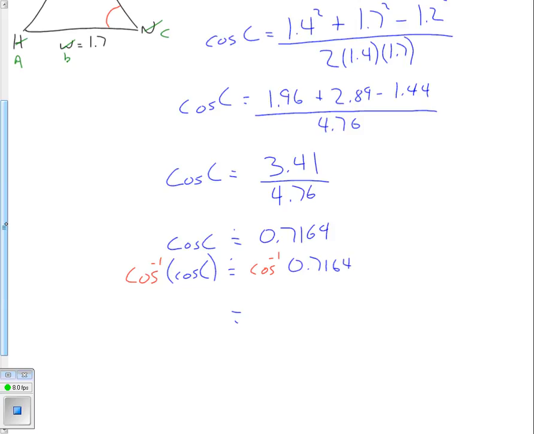Cos inverse and cos are going to cancel each other out, so we're just left with C, and cos inverse of 0.7164 is equal to approximately 44 degrees. So angle C is going to equal 44 degrees.